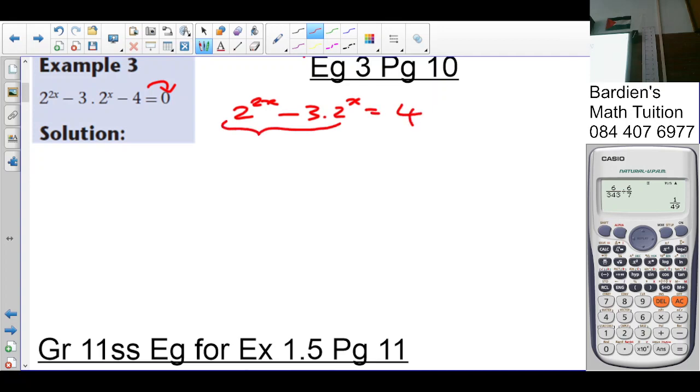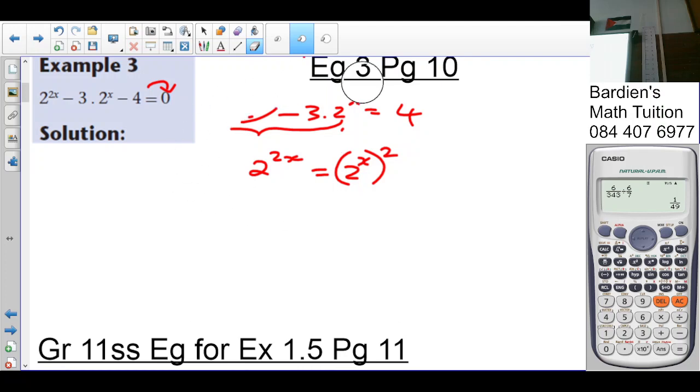We can't take 2 to the x out as a common factor. Remember, there's 2 of it there. Can you see that, people? In other words, 2 to the 2x can be written as 2 to the x squared. So I can't do what I did in the previous 2 examples.